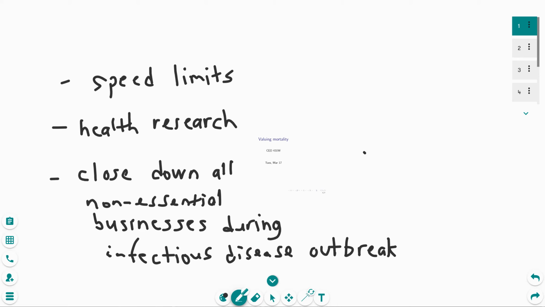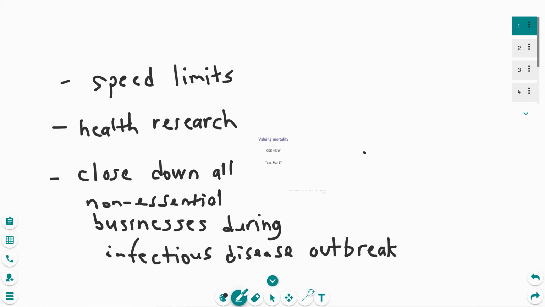Much more frequently, the types of decisions that the government makes are very mundane. They involve things like whether to increase safety requirements at work sites in order to reduce the probability of accidents on the job, or perhaps they're designing highways and roads to prevent accidents, to give drivers maybe more reaction time or more visibility.